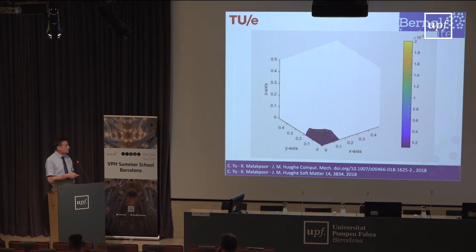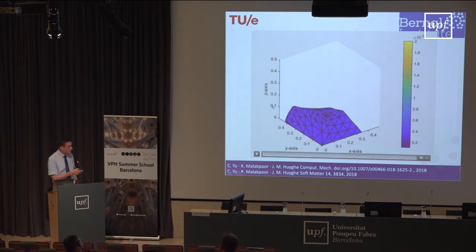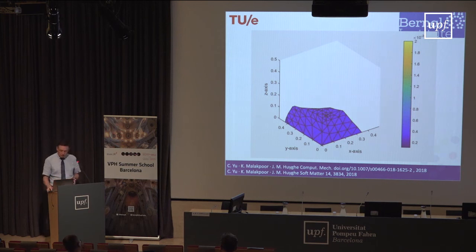So we use this formulation, and we are going to look at a small piece of gel and allow it to swell. And you see, this is what happens. We have tetrahedral elements in 3D, and it can swell to multiple times its own volume, and we get very stable results.